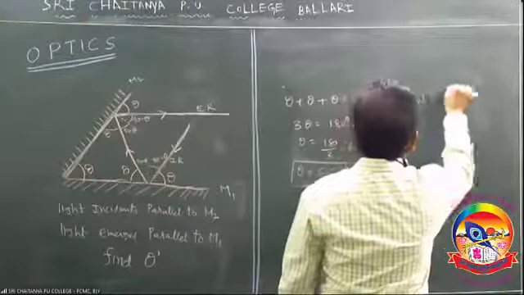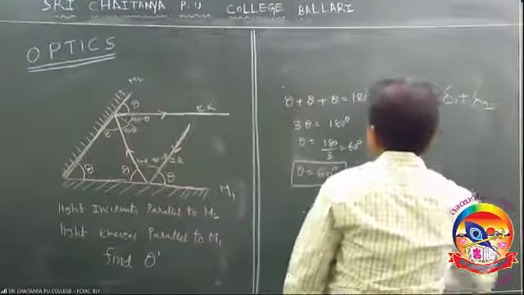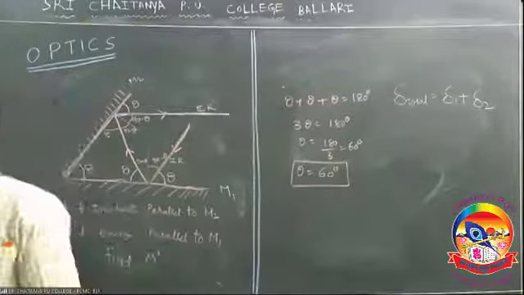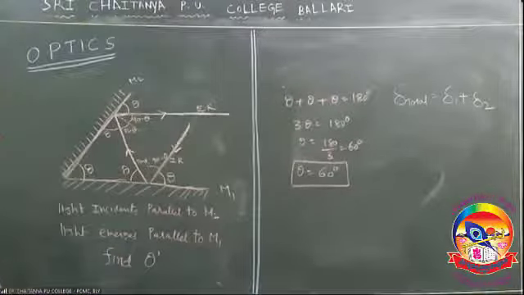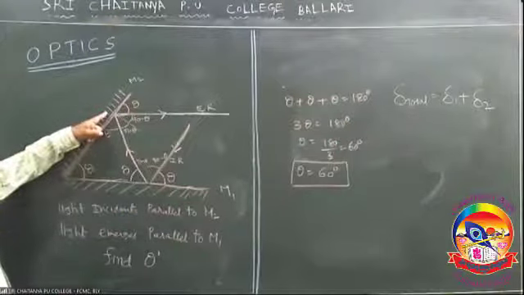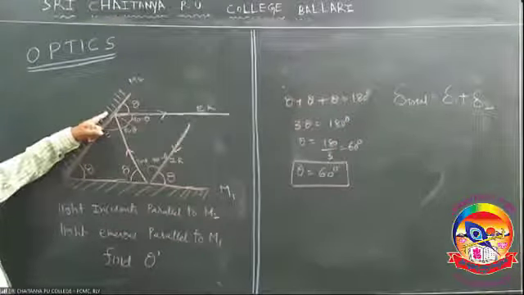Total deviation is equal to deviation at the first mirror plus deviation at the second mirror. Another question: total deviation. Deviation here plus deviation here.